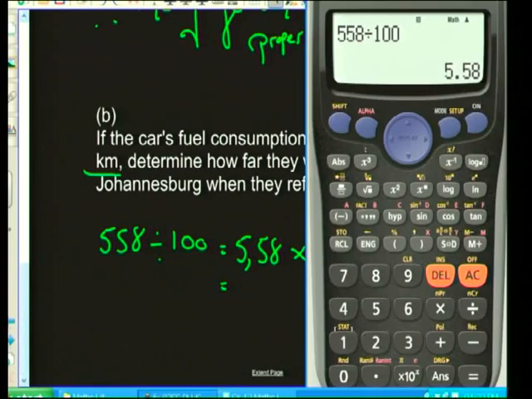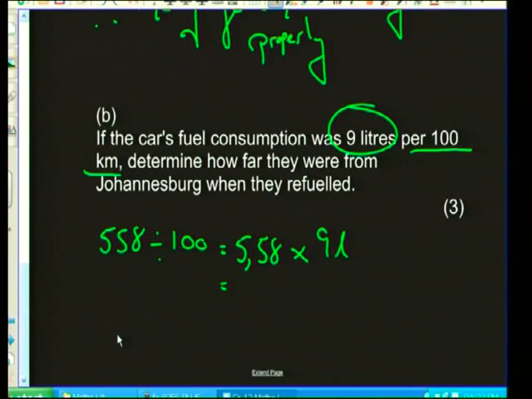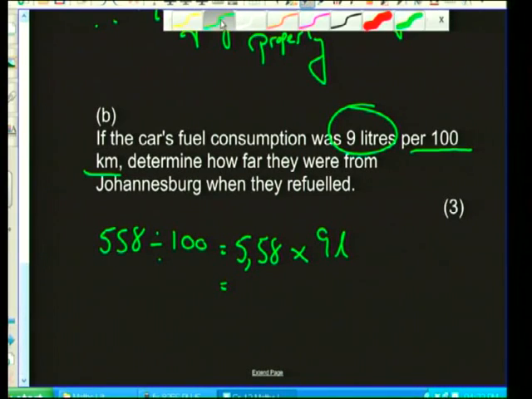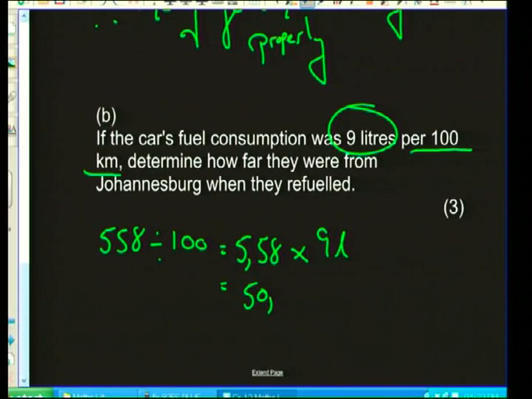So now we're going to say we've got that answer multiplied by 9 equals 50,22 litres of petrol. So we've got 50,22 litres of petrol to do the entire journey from Joburg all the way through to Pietermaritzburg. But, folk, we put in petrol along the way.